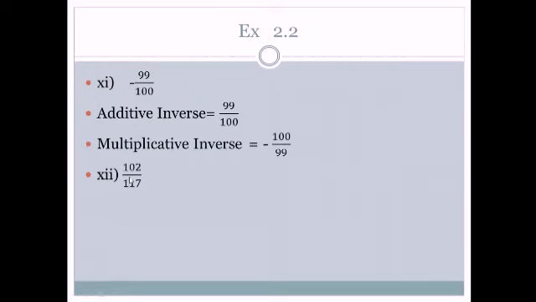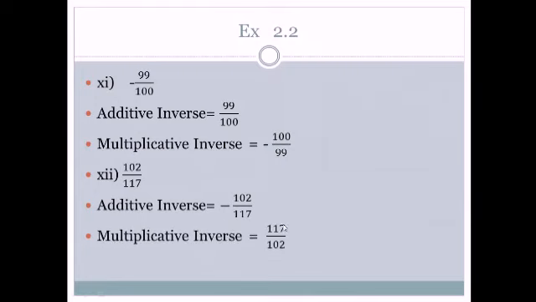Its additive inverse, the same number with opposite sign, is minus 102 over 117. And the multiplicative inverse is the same number with its reciprocal, meaning this will go up and this will come down, so 117 over 102. These six parts are included in your scheme of studies in your syllabus.